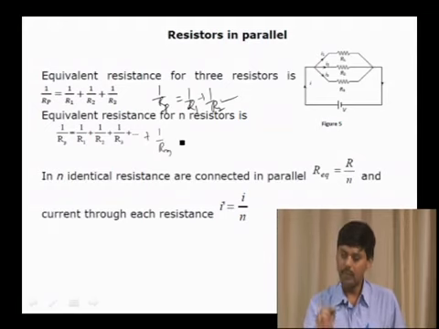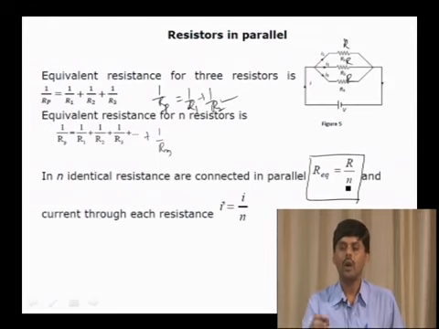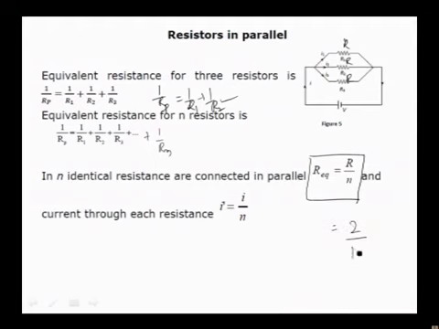If all the resistors are equal to R, with n number of resistors connected in parallel, then the effective resistance is equal to R by n. Suppose you are considering 2 ohm resistors, 10 of them connected in parallel. The value of each resistor is 2 and the number is 10.